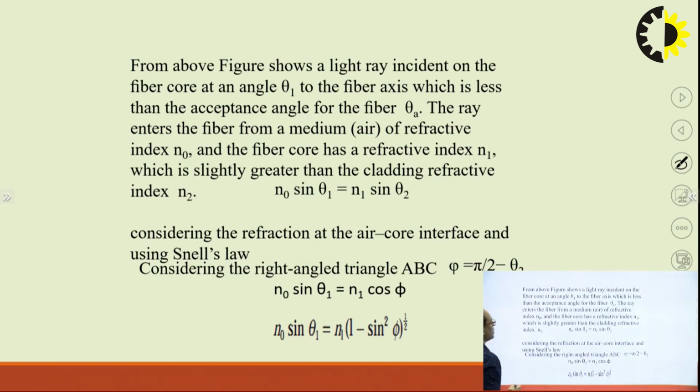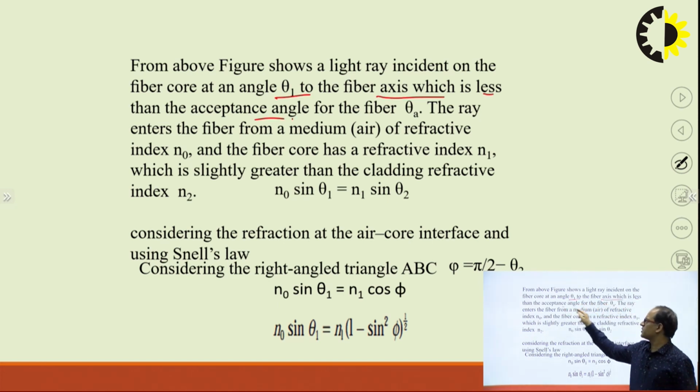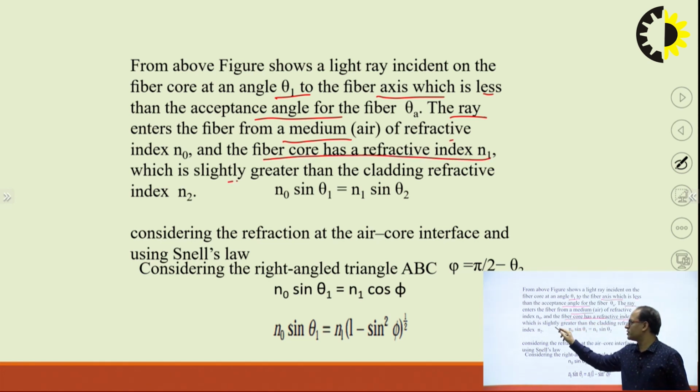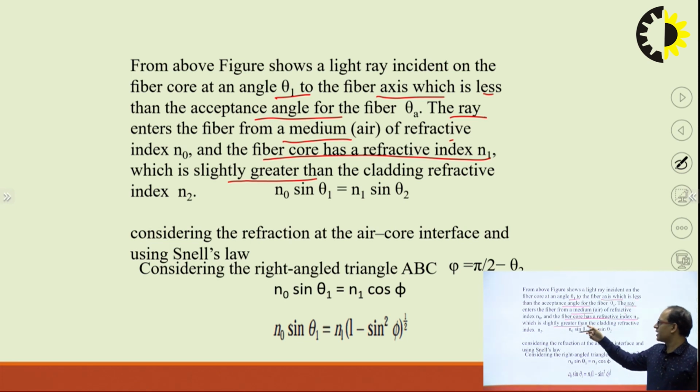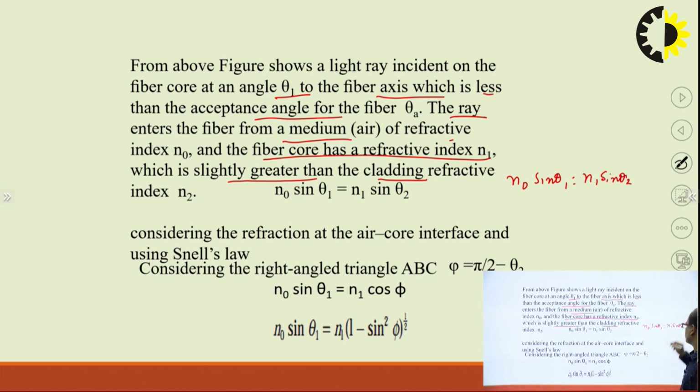So from the figure you can see that theta 1 to the fiber axis is less than the acceptance angle, then this ray enters into the optical fiber cable, and this fiber core has a refractive index n1, which is slightly greater than the cladding refractive index, and n naught is the refractive index of the surrounding medium. Clear?